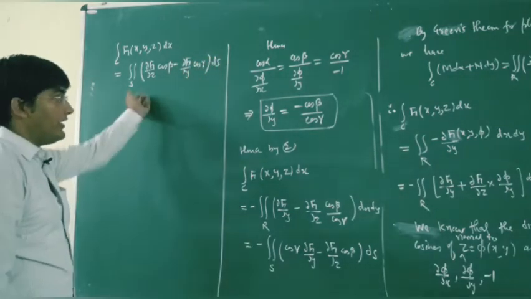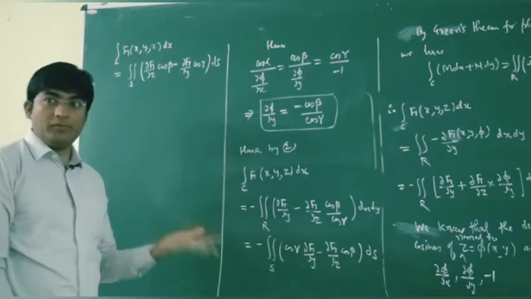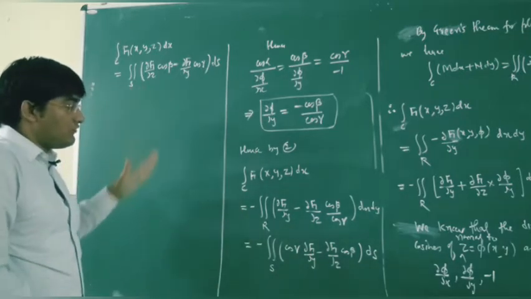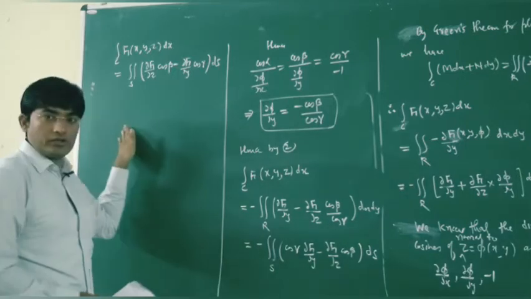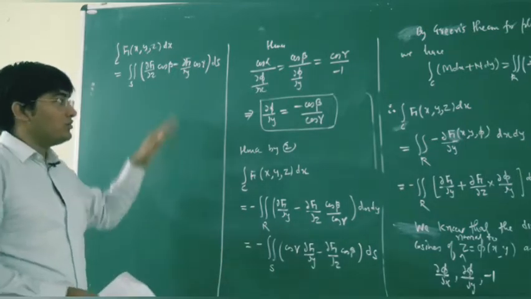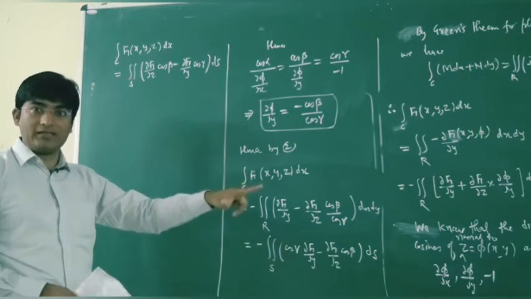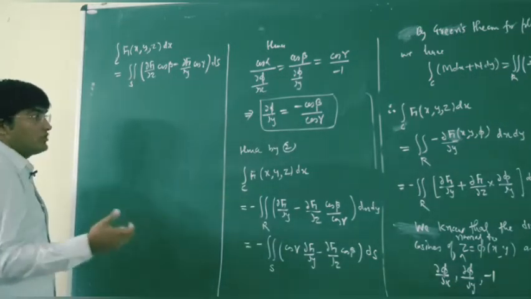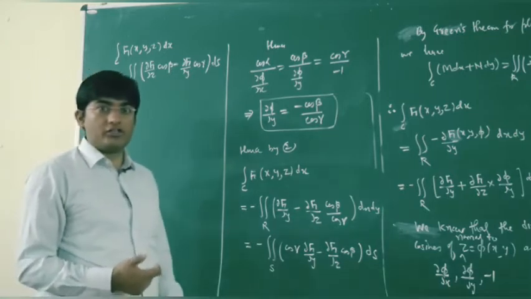So we have evaluated one line integral. Similarly, we can evaluate the remaining two line integrals, and if you add these three line integrals, then they will give you the right hand side of the Stokes theorem, which was written in the Cartesian form.